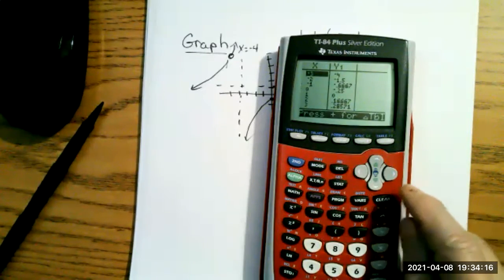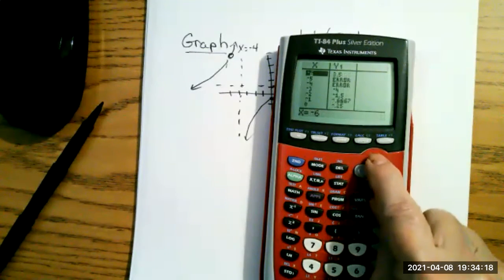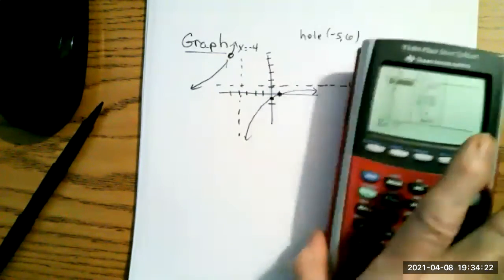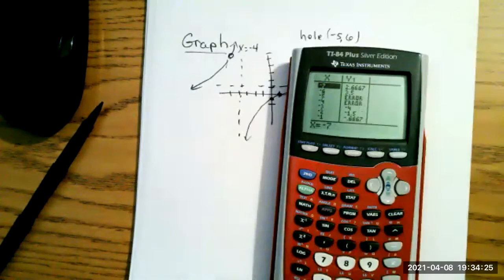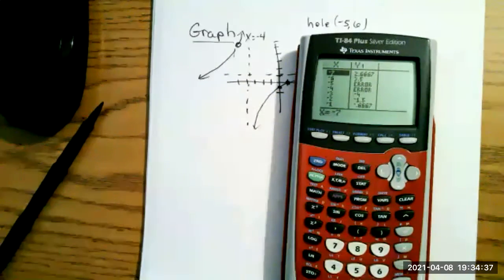Let's go over here where x is equal to negative 5. And see where it says negative 5, there's an error. That's because that's an undefined place. It has a little circle there, a hole. It's also got one at negative 4, but that's an asymptote. It has an error there as well.